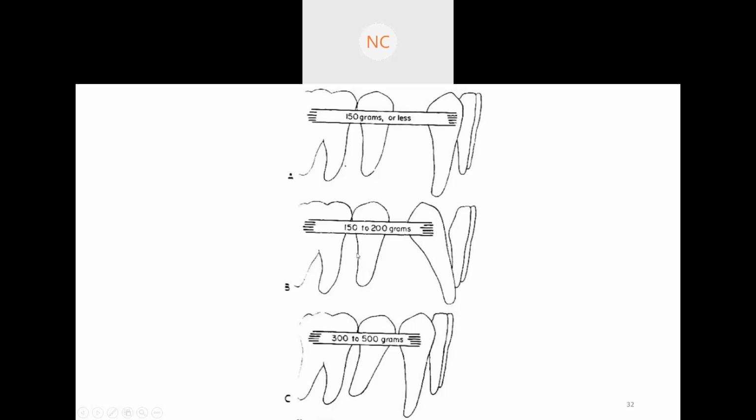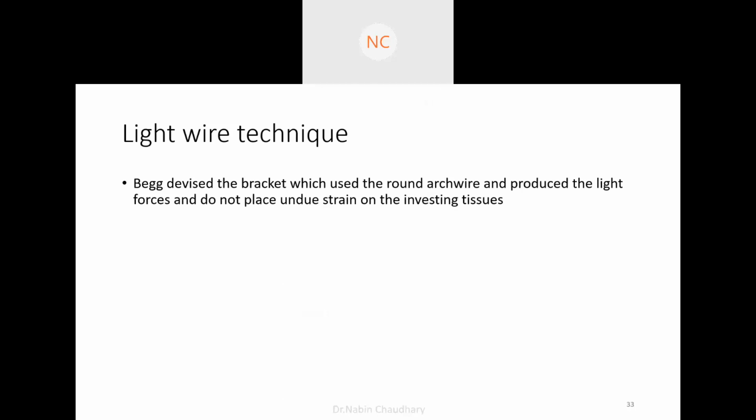When the force is between 150 to 200 grams, tipping of the anterior teeth takes place. And when the force is between 300 to 500 grams, the posterior teeth start to move and the anterior teeth remain stable. Using this work of Storey and Smith, Begg gave the concept of the differential force.